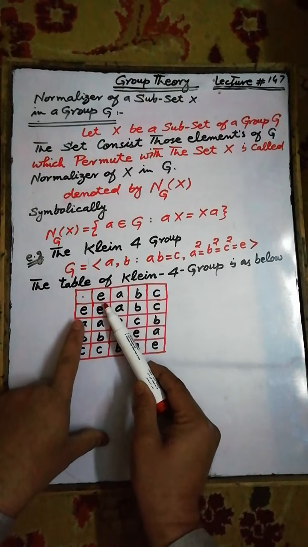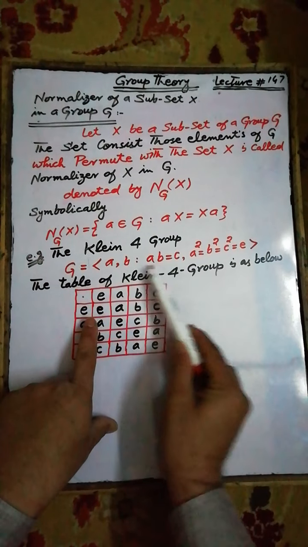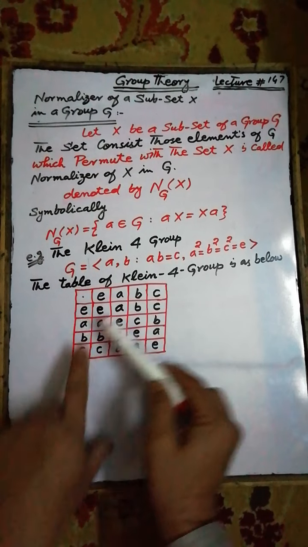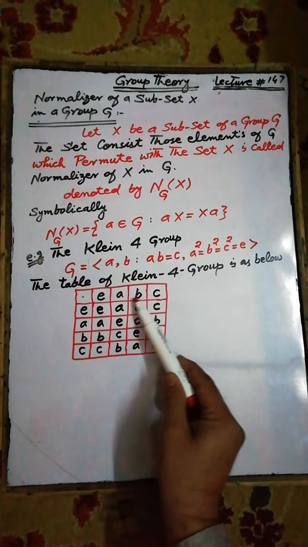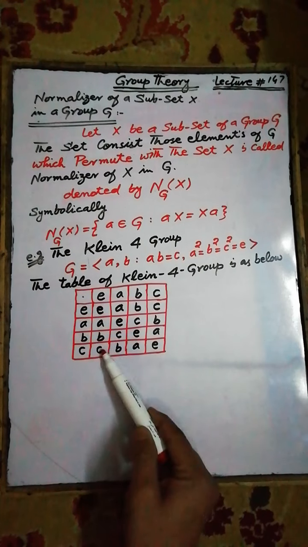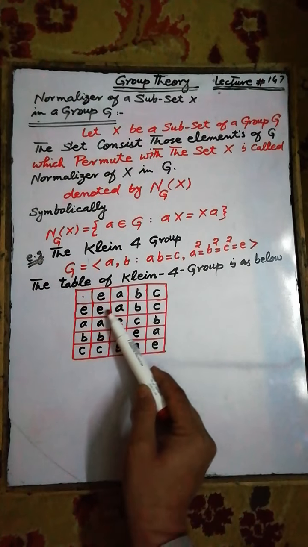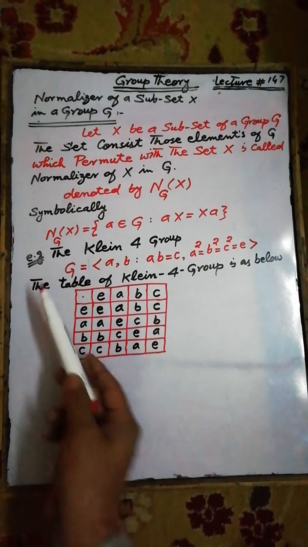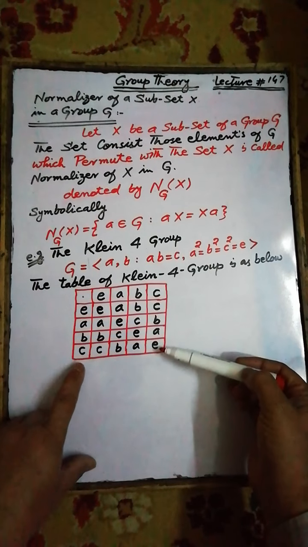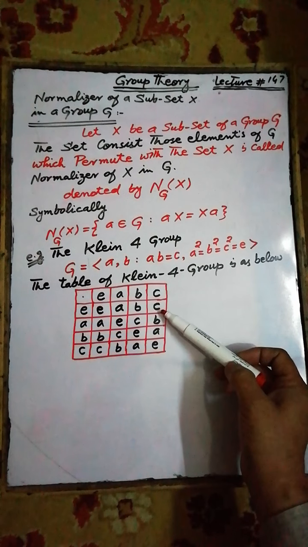E is an element of the group G. A, B and C are elements of the group G. We operate each element of the group G with itself, which gives an element. These results are elements of the group G. These elements satisfy all the conditions of the group.